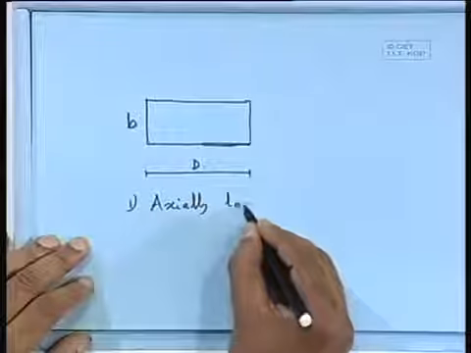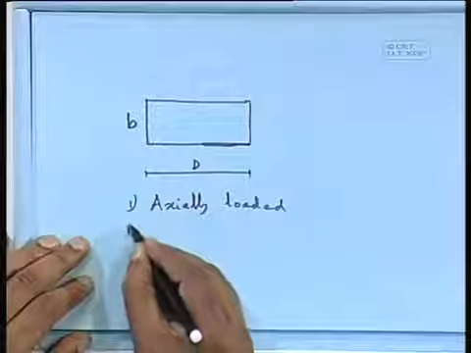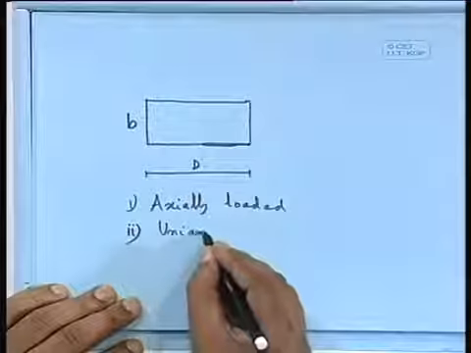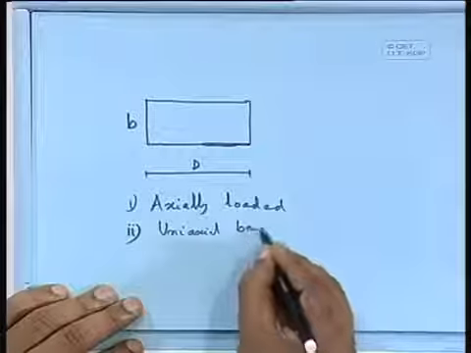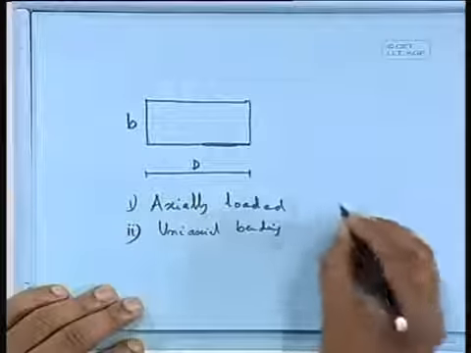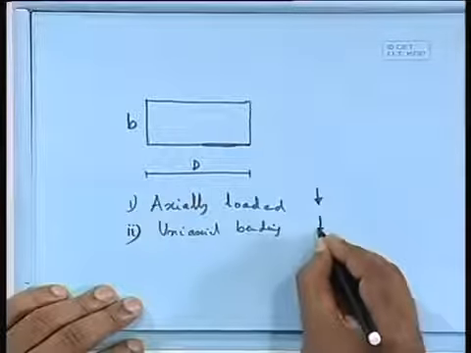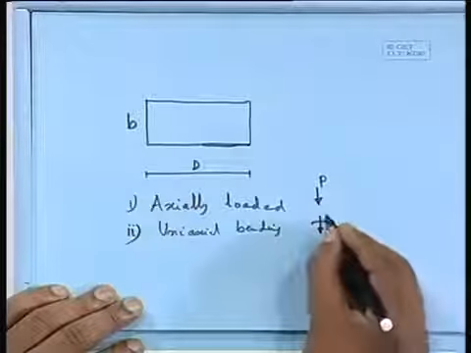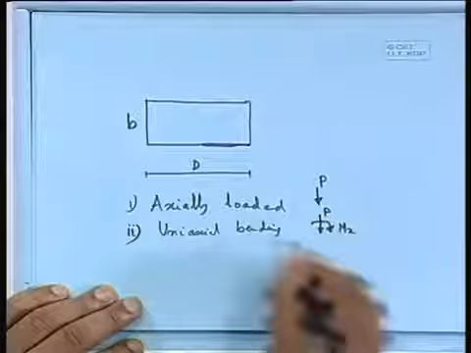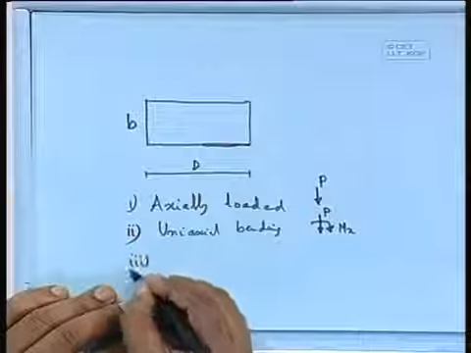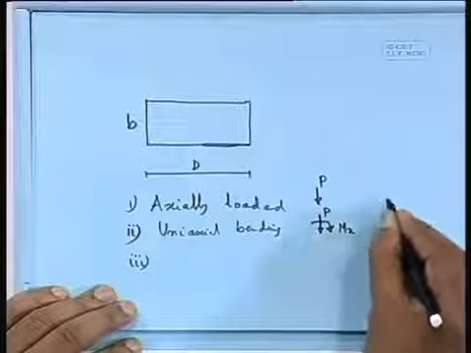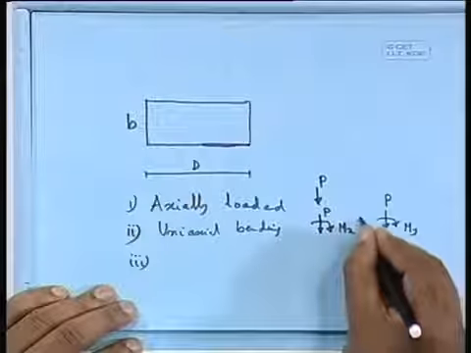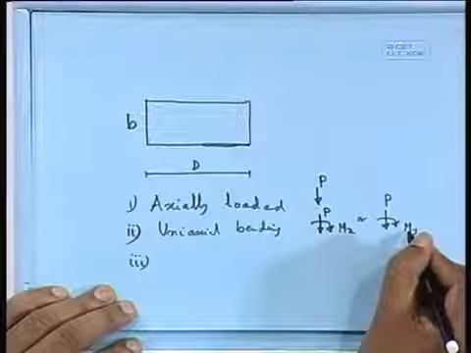So one is axially loaded. Number two, we can have what is called uniaxial bending. That means we are having axial load, just simply axial load P, and moment Mx. This is P and this is your P and Mx. The other one can be P and My, but when we talk about this, I can always take that one as x.